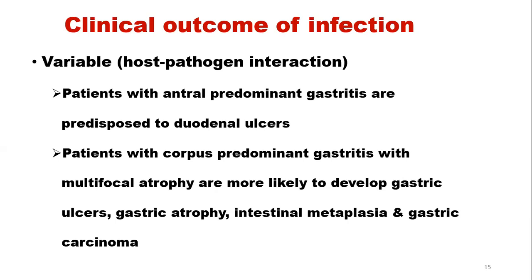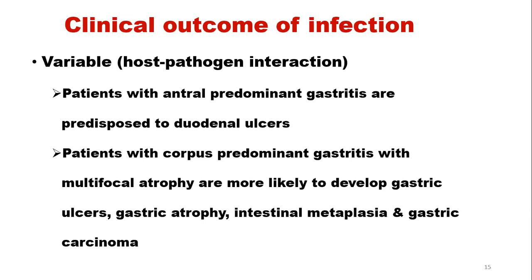So what could be the possible outcome of infection? Remember, I told you that there is an interplay between the organism and the host. So it makes sense that the outcome is variable. So you can't really predict. You can have patients with antral predominant gastritis, and these are the patients that are predisposed to duodenal ulcers.